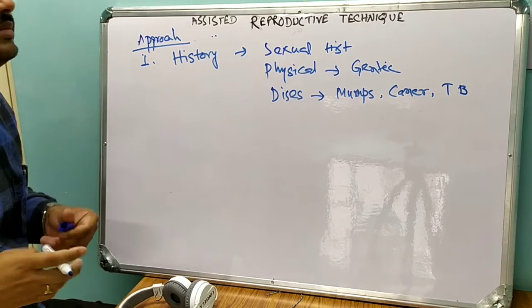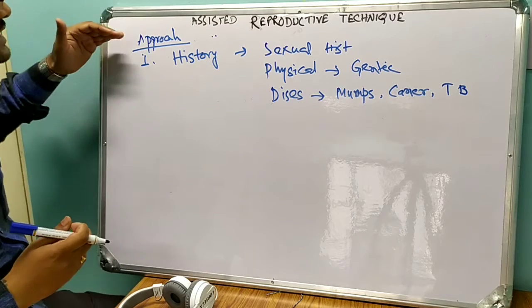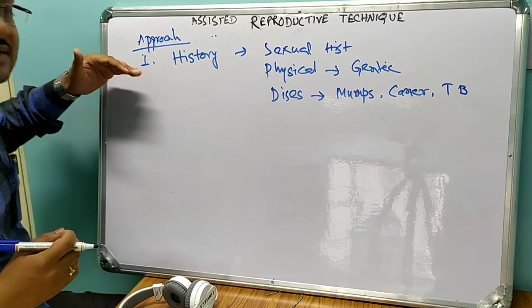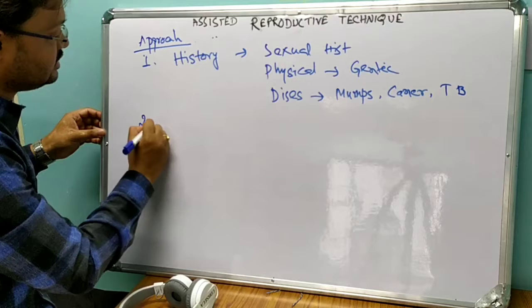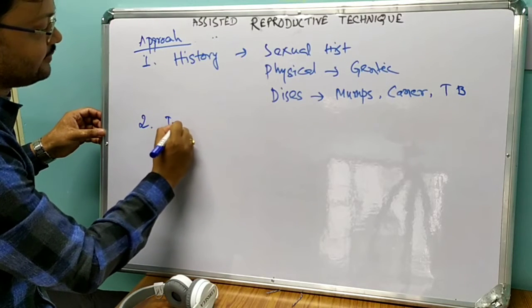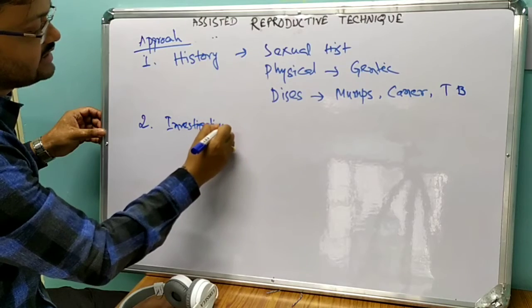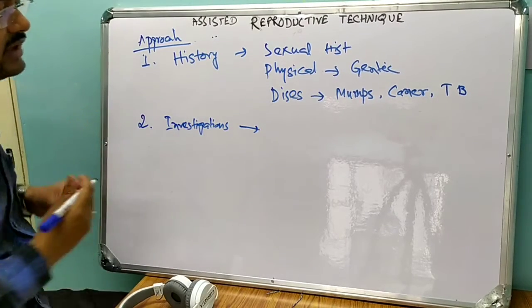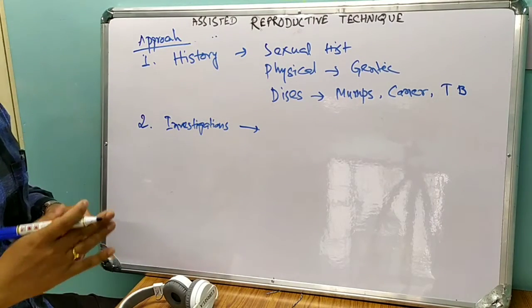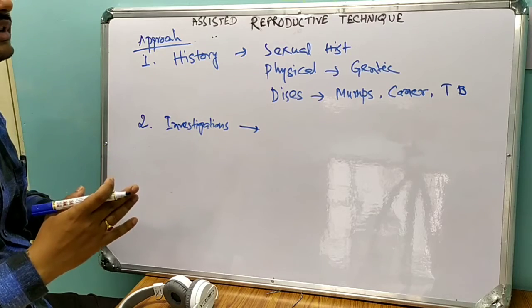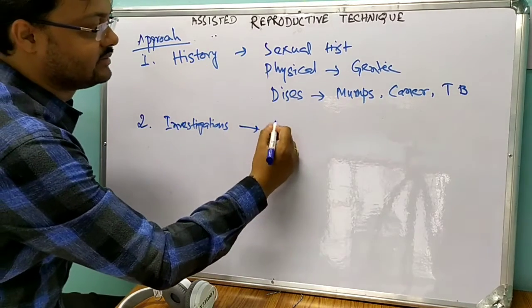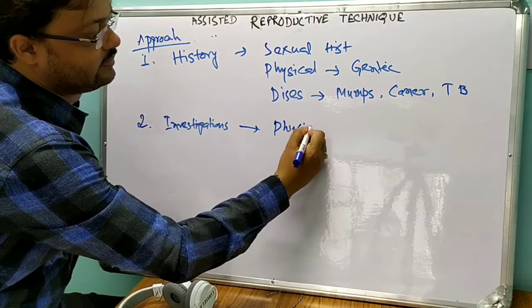So what kind of investigation can you do? The first approach should be history, a detailed history taking. The second approach should be investigation. So what kind of investigations are we talking about? First of all, you have to check the physical examination.